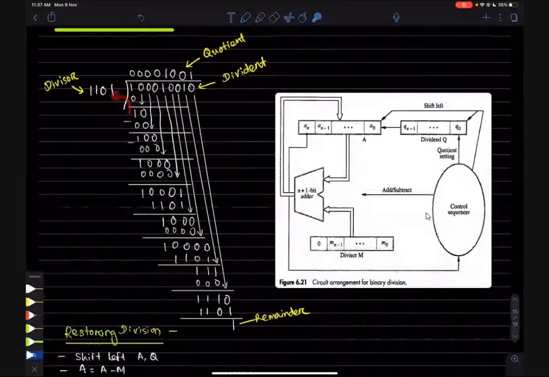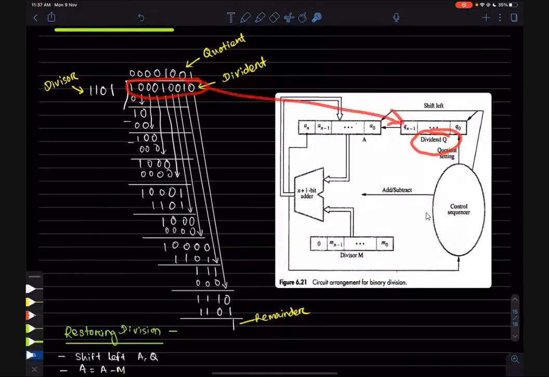Okay, obviously it is a similar type of diagram. One register A will be there, one register Q will be there, and M will be there. Q will contain the dividend. This part will be held by Q. M is the divisor.